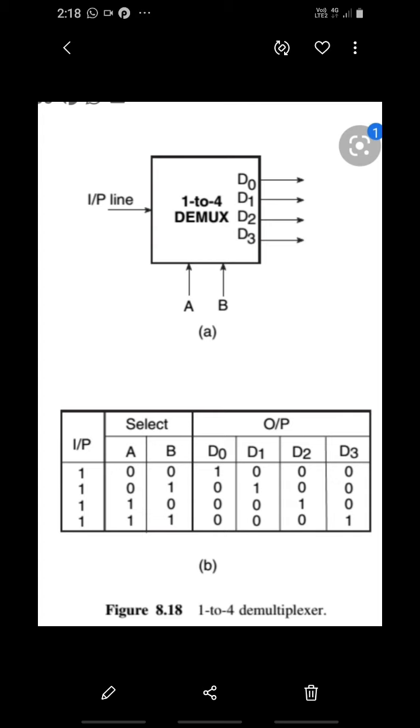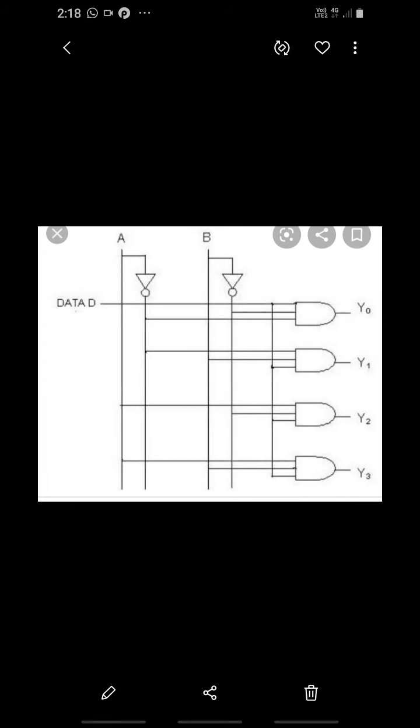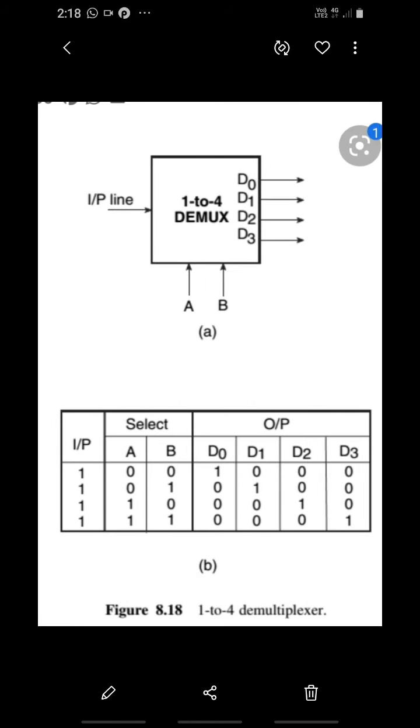From the truth table, when both of the selection lines A and B are at 0, the first AND gate is enabled and all other AND gates are disabled.